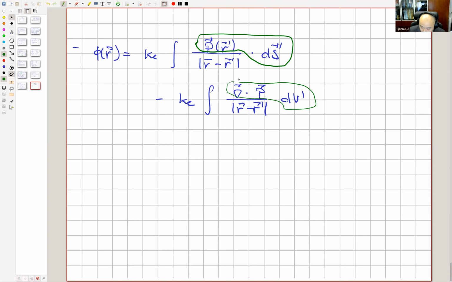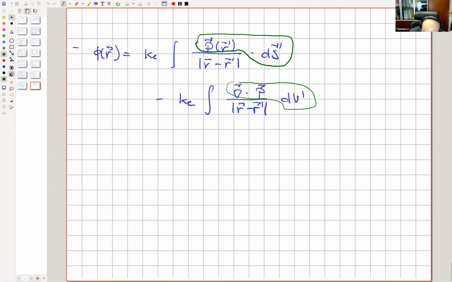Okay, but I'll get to this. I just want to finish this part first. So here we have something that looks like a surface component, and we have something that looks like an actual charge component, right? Because this is just 1 over r minus r prime, and so on the top we should expect something like a charge.